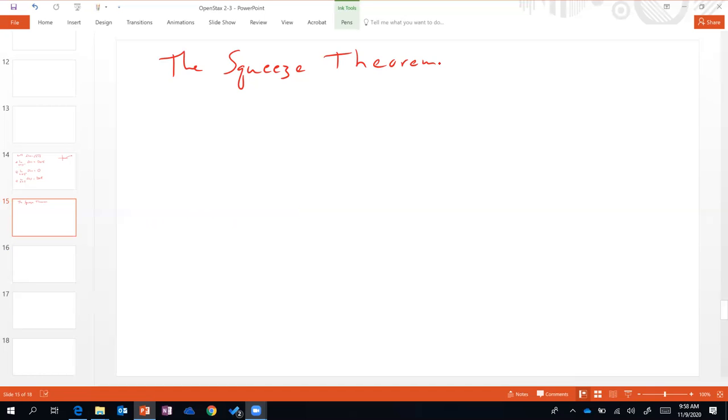So what does the squeeze theorem imply? What does it mean? Yes, absolutely, between 2 pieces. I'm going to define them loosely here.